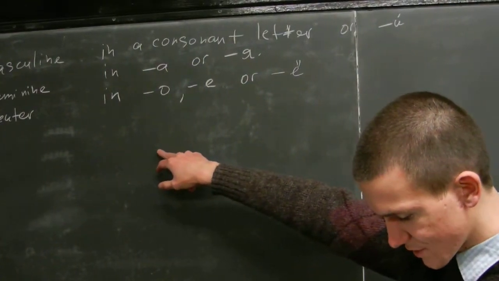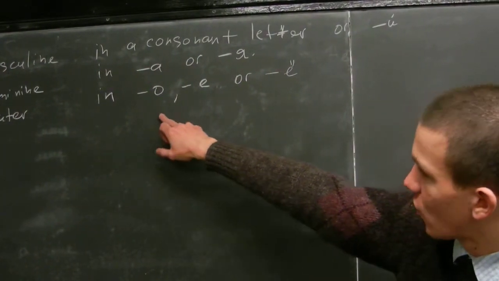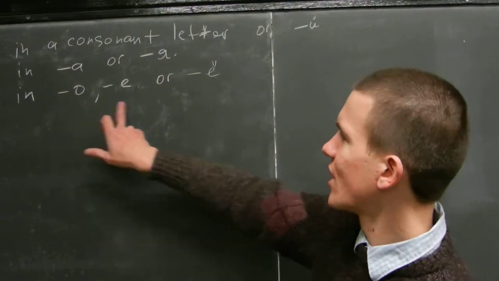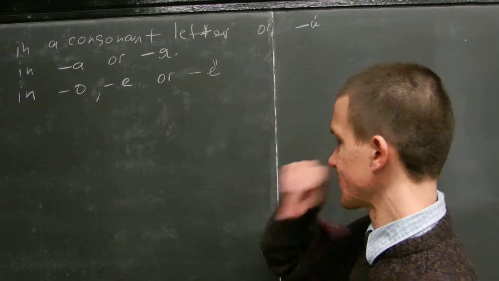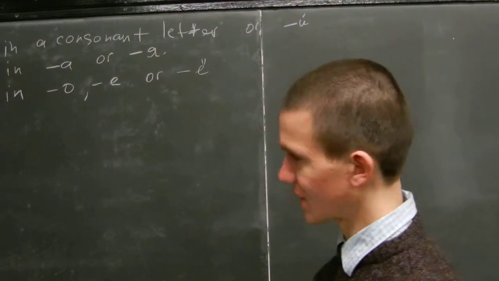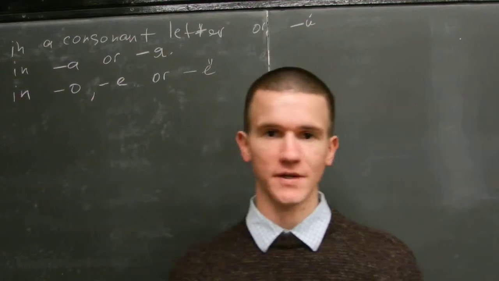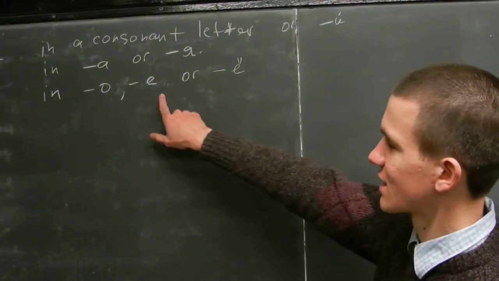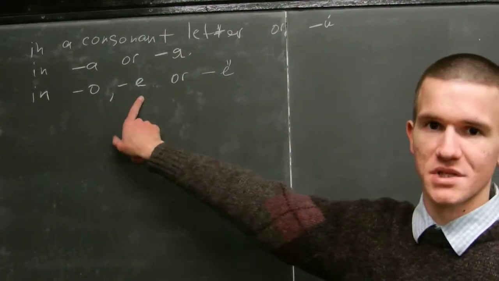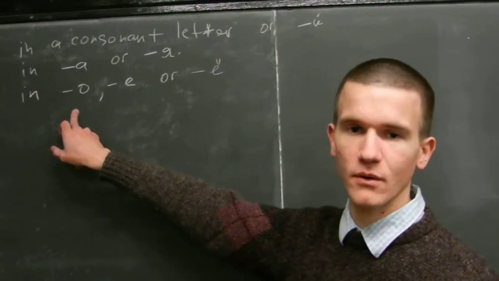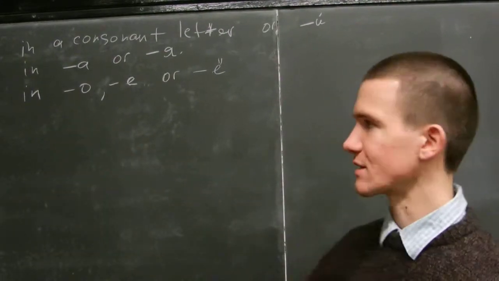So neuter nouns usually end in o, ye, yo. So talking about endings, like I said, it's only a basic rule. We have a lot of exceptions. Let's say, for example, for neuter, солнце, the sun, or окно, window. It's neuter.